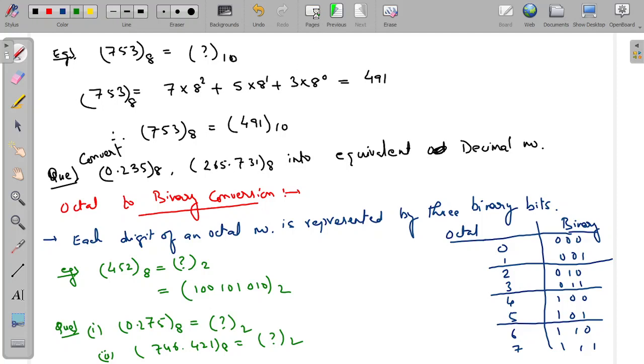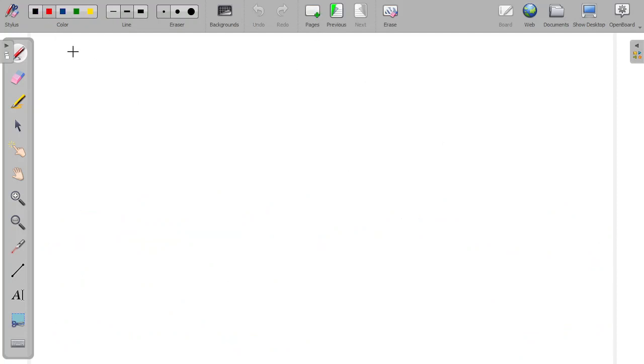So the next thing is how to convert a binary number into octal.